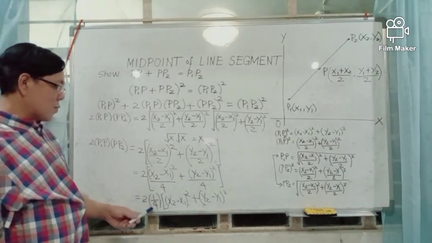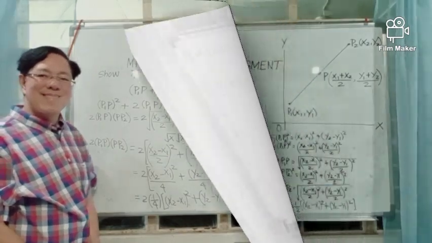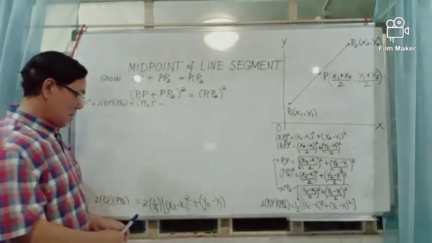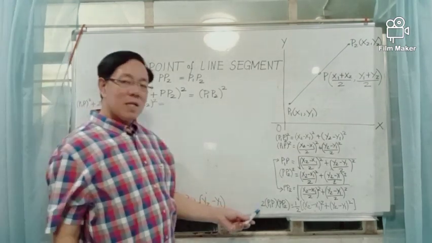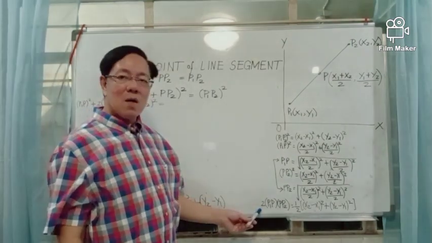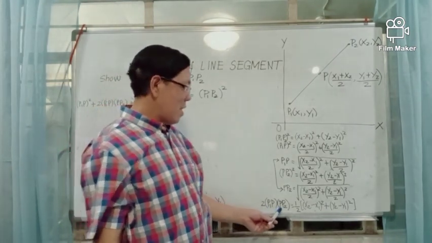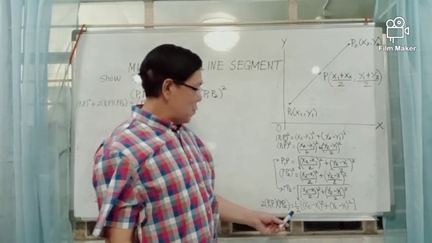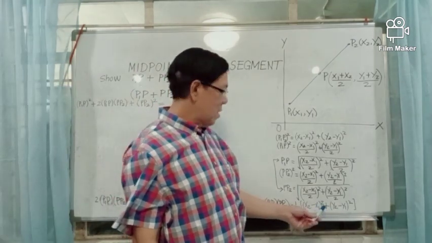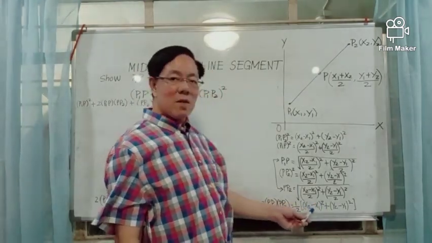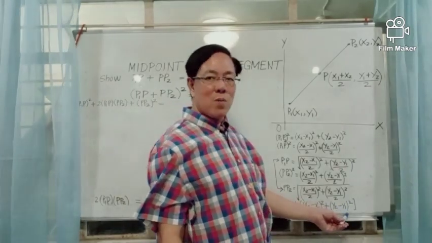And 2 times 1/4 is 1/2. So multiplying 2 by 1/4, we get the product of 2 times the distance between P1 and P and the distance between P and P2 is equal to 1/2 of the sum of the square of x2 minus x1 and the square of y2 minus y1.